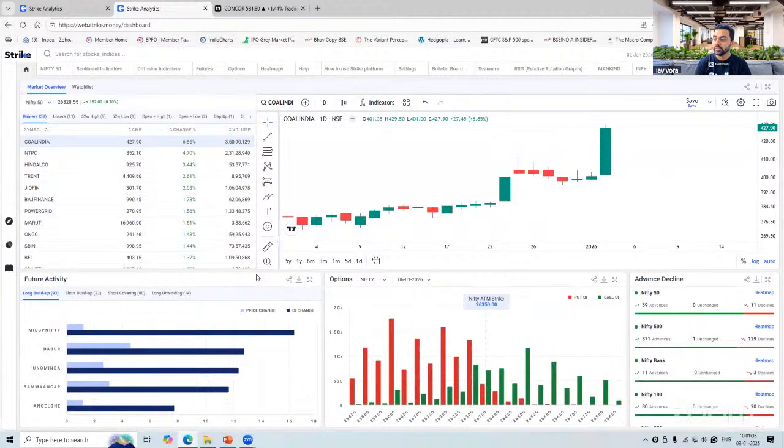Also, this is not just useful for the futures trader, but it is also very helpful for the cash guys, especially those who have a time horizon of say 3 months to 6 months to 12 months. For the short term trader, the benefit is that you broadly know what trend is going to play out from the medium term perspective.